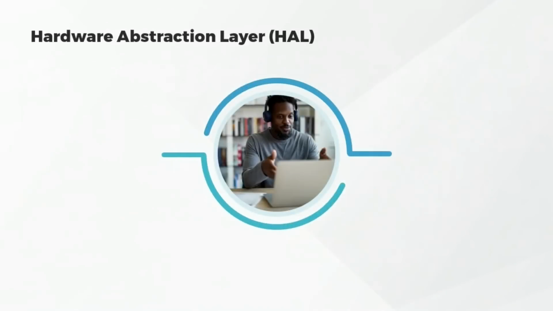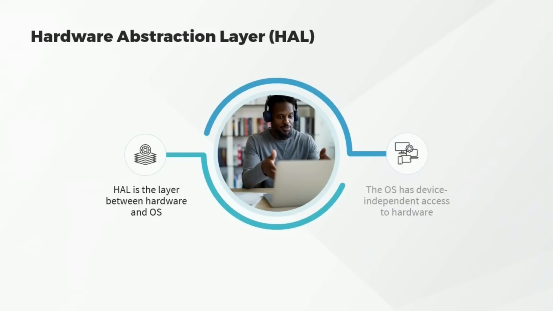One of the key components involved with that process is known as the hardware abstraction layer, or HAL. The HAL itself is an additional layer of programming between the operating system and the hardware that quite literally abstracts the hardware so that the operating system can interact with it in a more independent and generalized manner, as opposed to at a very detailed and perhaps custom level that is specific to that piece of hardware.